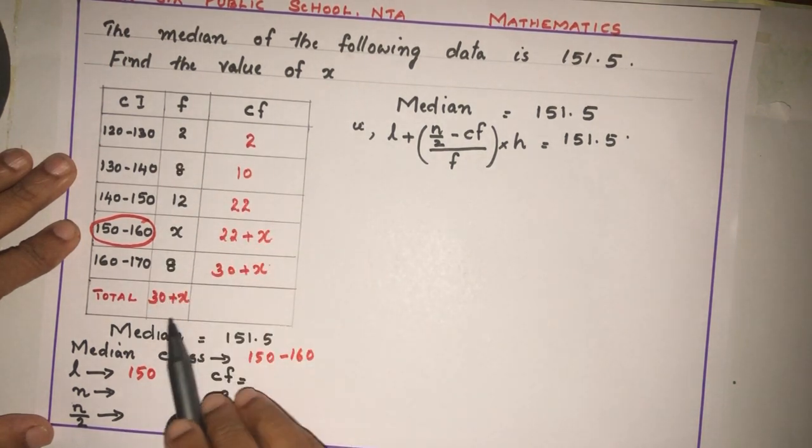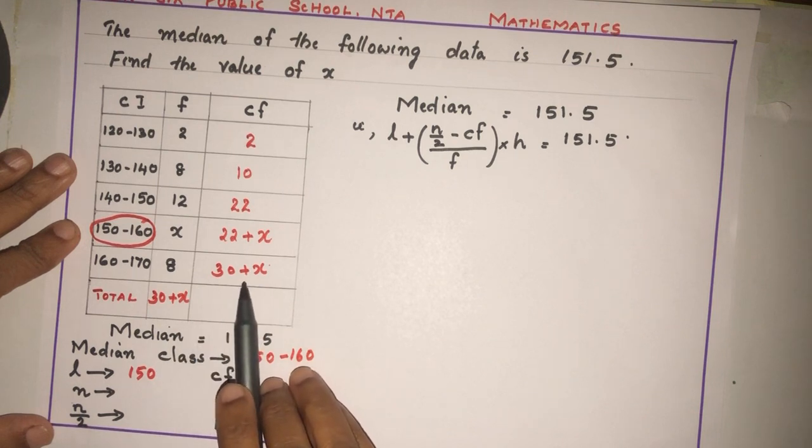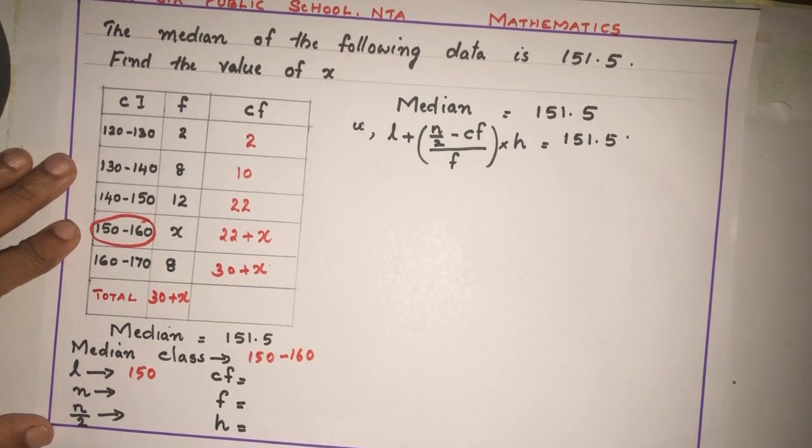What you get as total frequency will come as the last CF. Okay. So n is 30 plus x. What is n by 2? 30 plus x, the whole by 2.